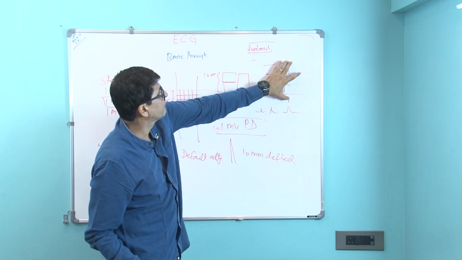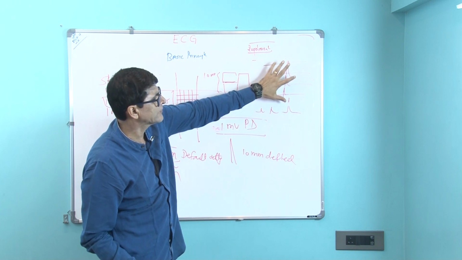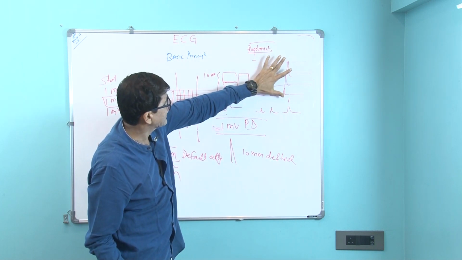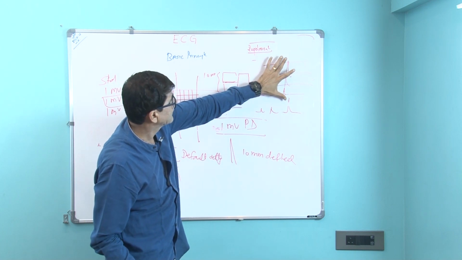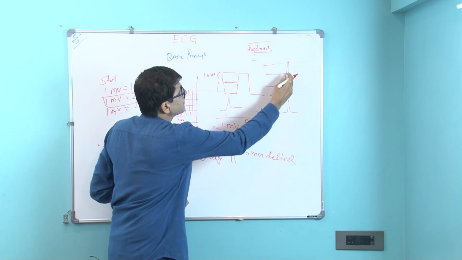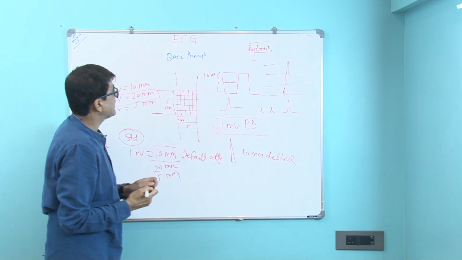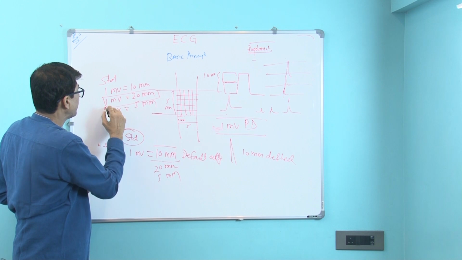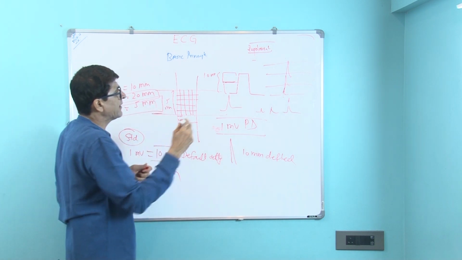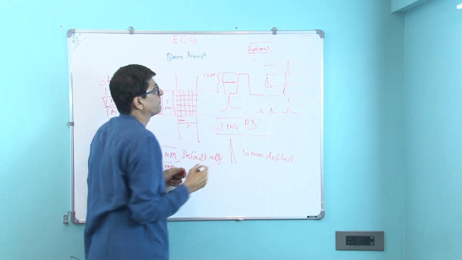The reason behind such big waves is naturally a left ventricular hypertrophy or so. When there is a big deflection, you are not able to measure because one is mingled with the other. In that case you make standardization 1 millivolt equal to 5 millimeter. So, the deflection will be half.